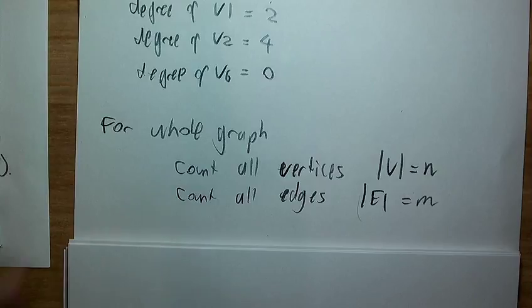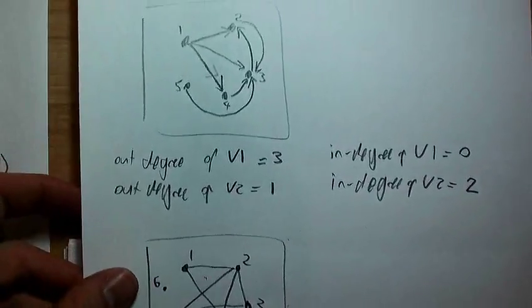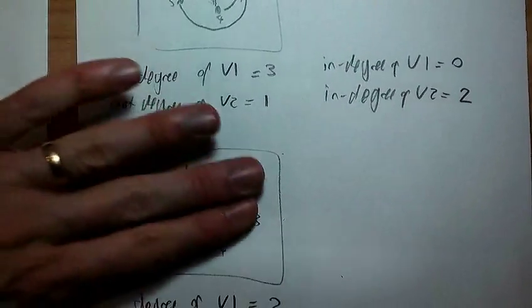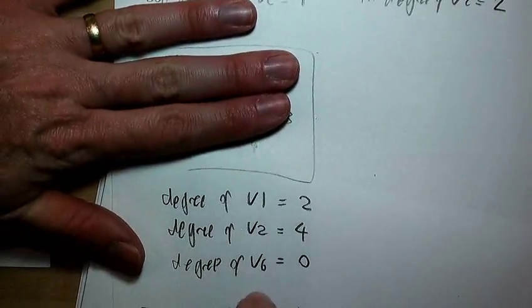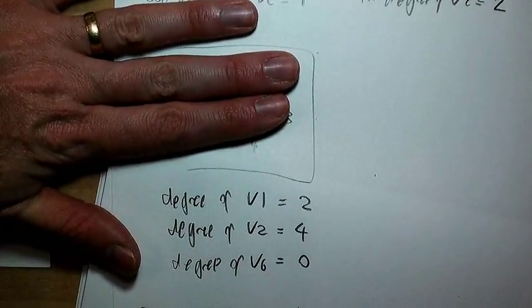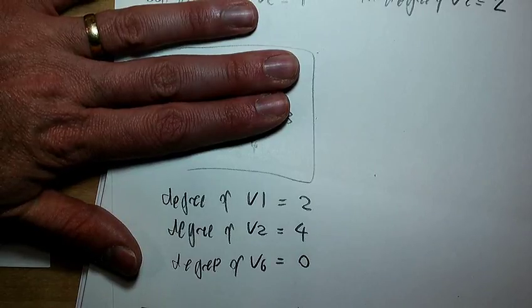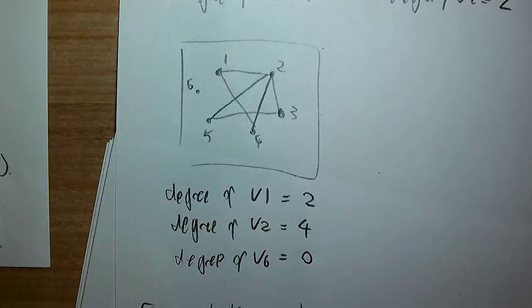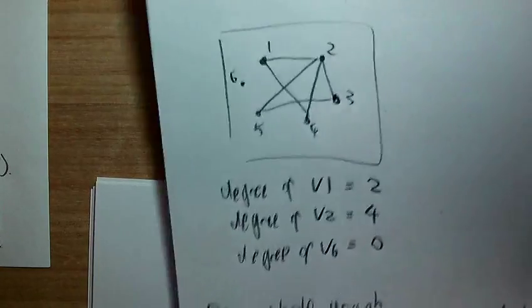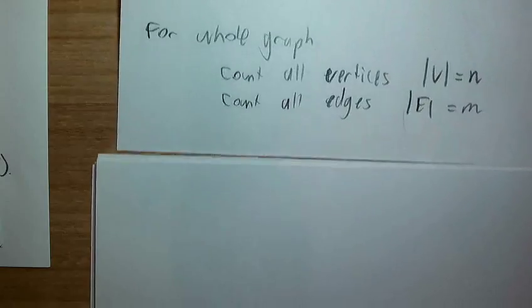So if instead of actually drawing this graph, I just told you the list of degrees for each vertex, you couldn't necessarily draw the whole graph and be absolutely certain which edge connected which vertices, but you could figure out how many edges there were in total from that information. And so now we've got some problem solving to relate these things to each other based on the information we have about the graph.